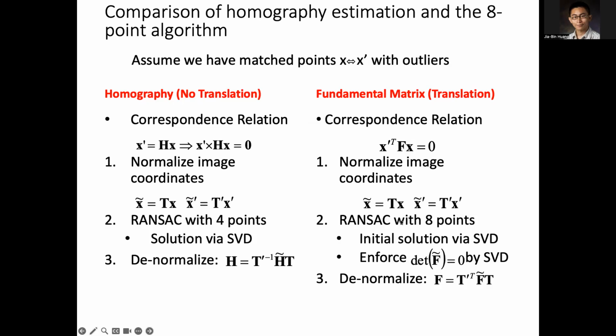You first normalize the image coordinate system to make the numerics more stable, and then you run RANSAC. In homography estimation you have a 4-point algorithm; in the fundamental matrix you have an 8-point algorithm. Then you estimate the solution with SVD and enforce the rank with SVD, and later on you denormalize it. That's basically the algorithm for recovering the relationship between either a rotating camera or a translating camera.